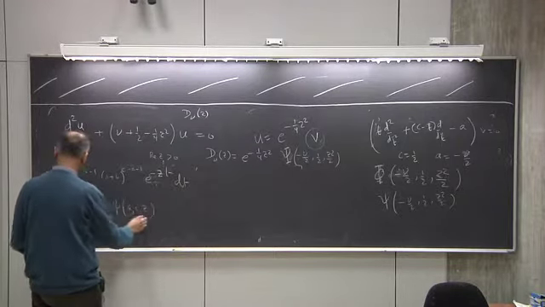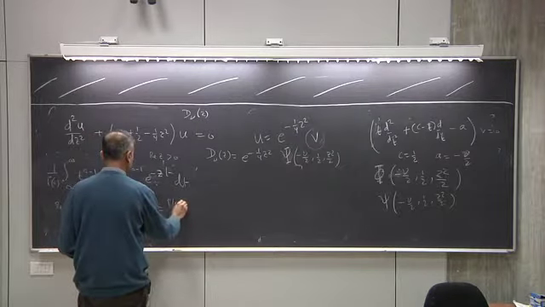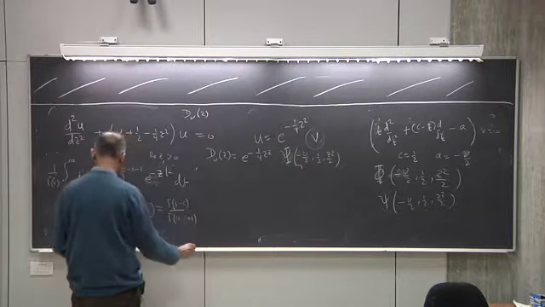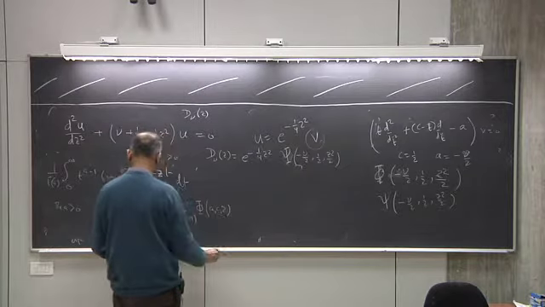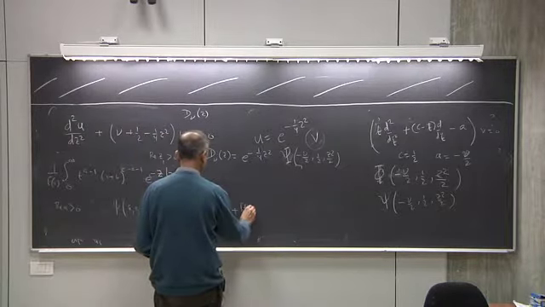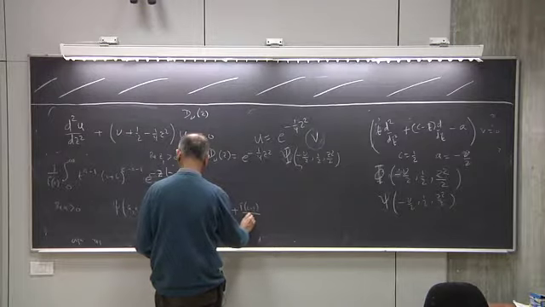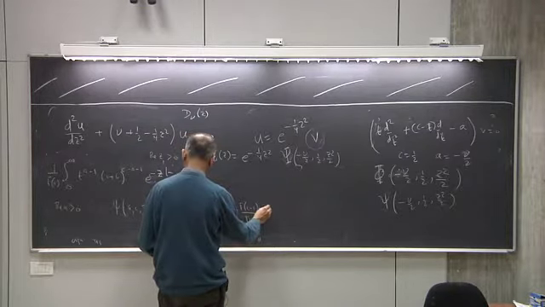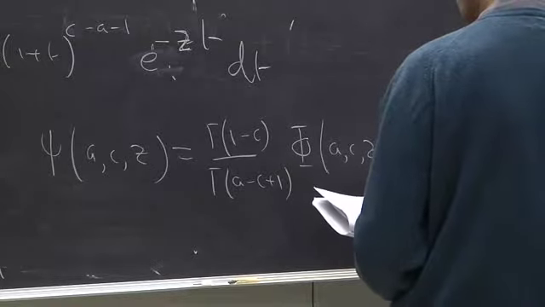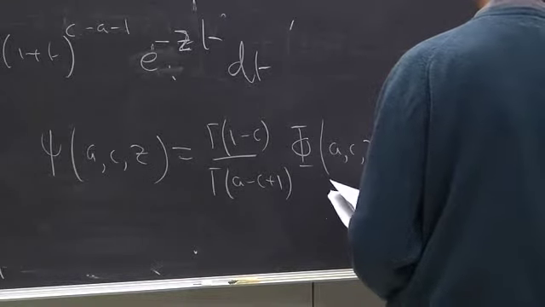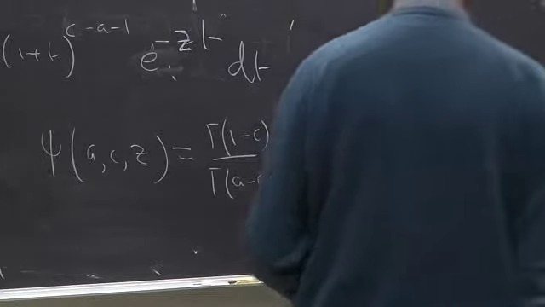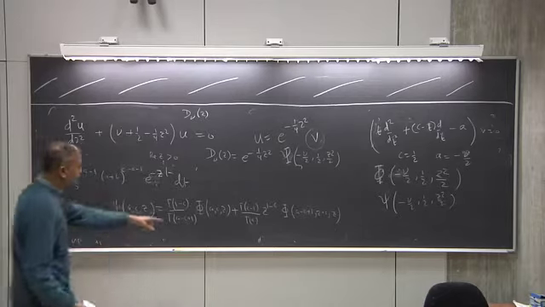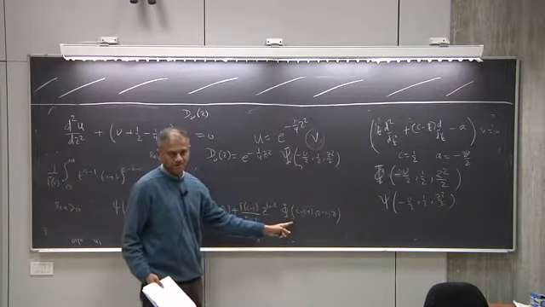Psi(a, c, z) was equal to gamma(1 minus c) over gamma(a minus c plus 1) times phi(a, c, z), plus gamma(c minus 1) over gamma(a) times, this is equation 19.22, z to the 1 minus c phi(a minus c plus 1, 2 minus c, z). So use this expression, and for each phi, we have series expansions.